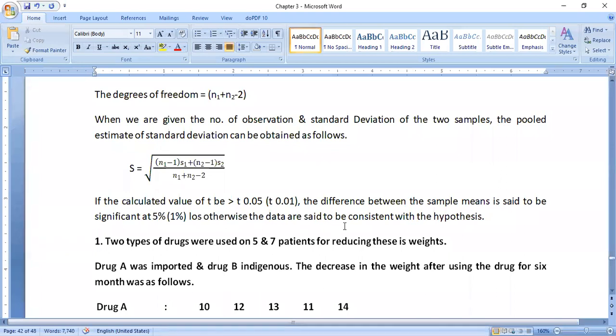Otherwise, the data are said to be consistent with the hypothesis. So these are the formulas.